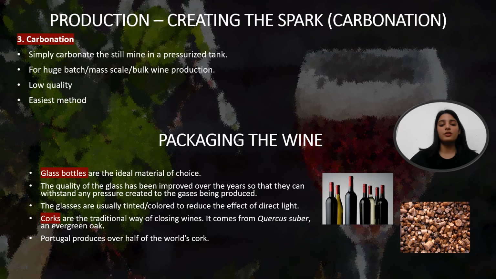Over the years, the quality of the glass has been improved, and now the glass which is being produced these days can withstand any pressure that is being created by the gases released by the sparkling wine. These glasses are also tinted and colored to reduce the effect of direct light on the content inside the glass bottles, and the bottles are then closed with the corks.